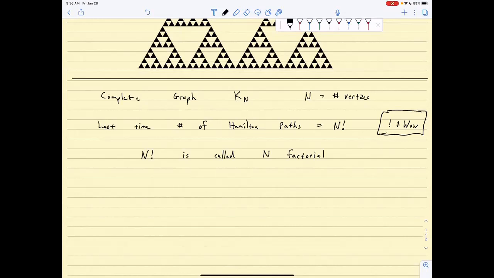Then n factorial equals n multiplied by 1 less than n, multiplied by 2 less than n, until you get all the way down to 1. Also, we have a convention: 0 factorial is just going to equal 1. That's convention.